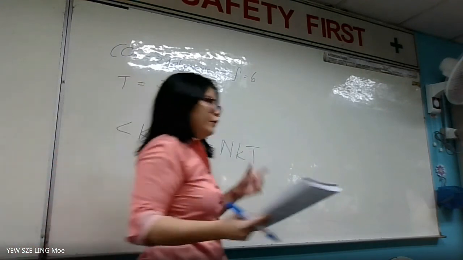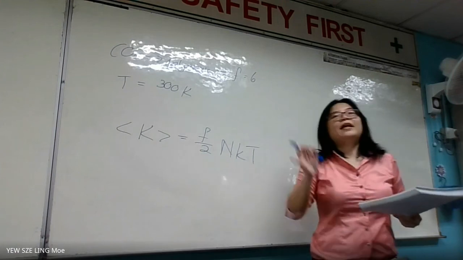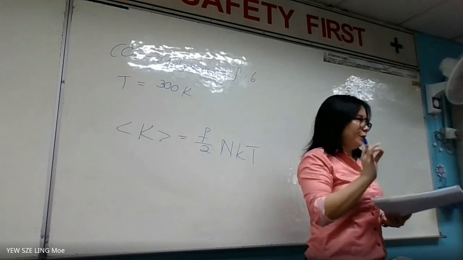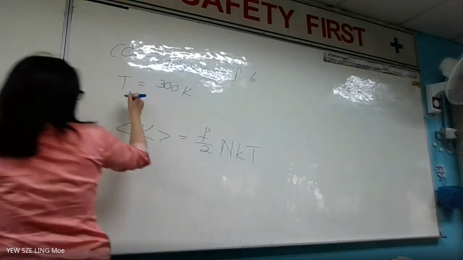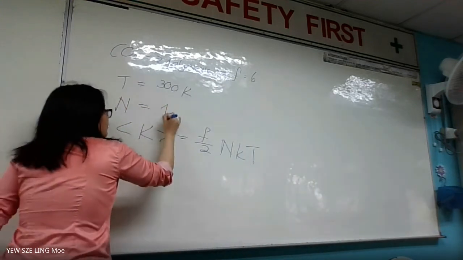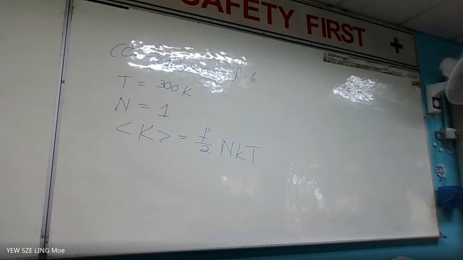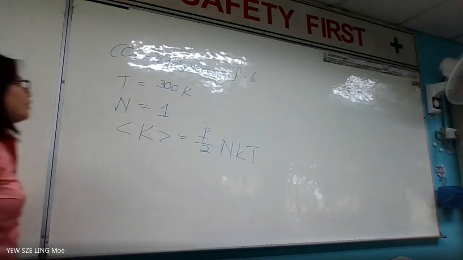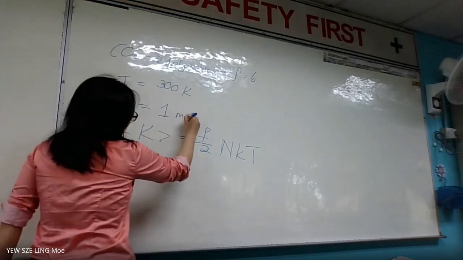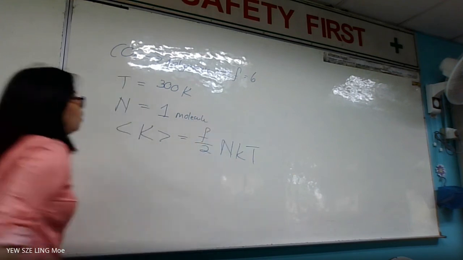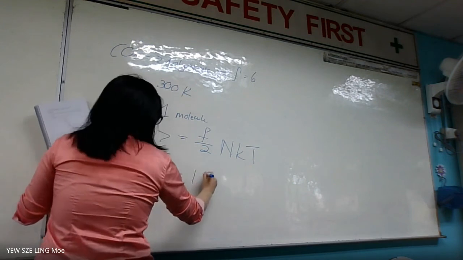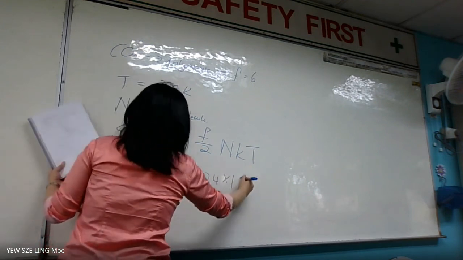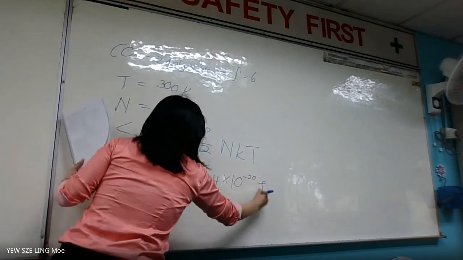You look at the question. The question mentions a molecule, so N is equal to 1. So now that you have all the information, you just plug it in and eventually you will obtain 1.24 times 10 to the power of negative 20 joule.